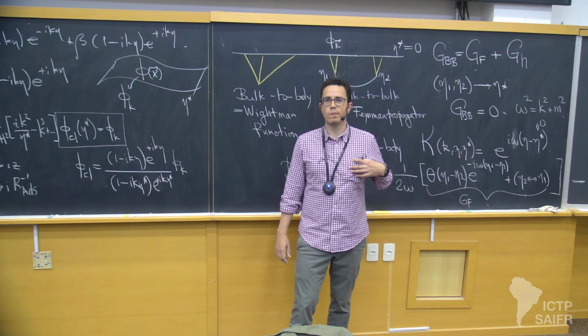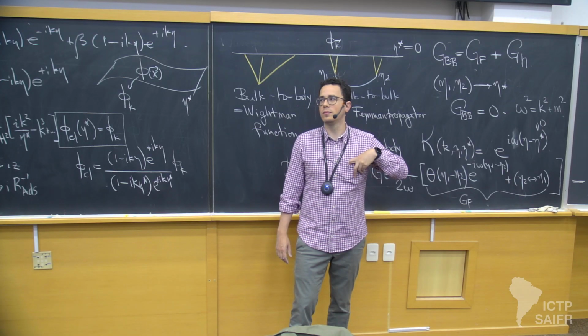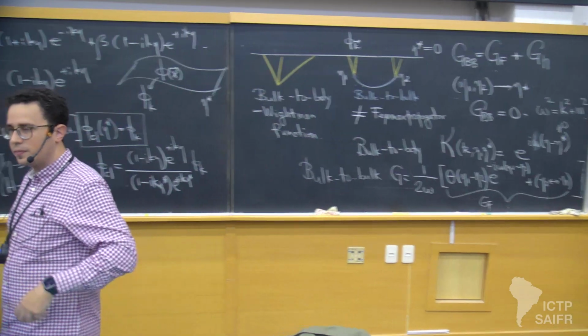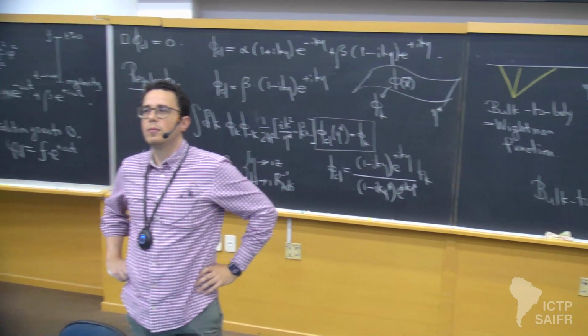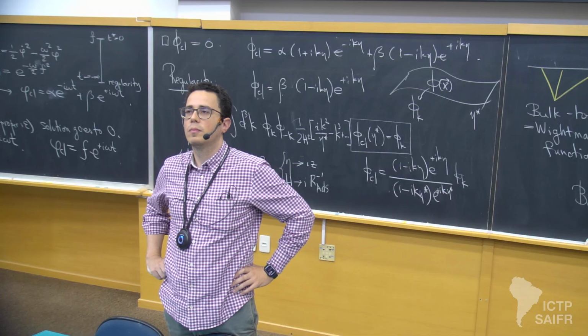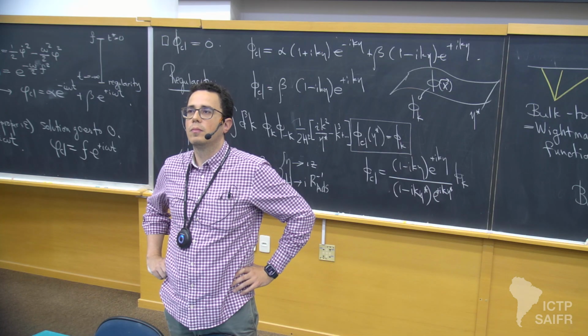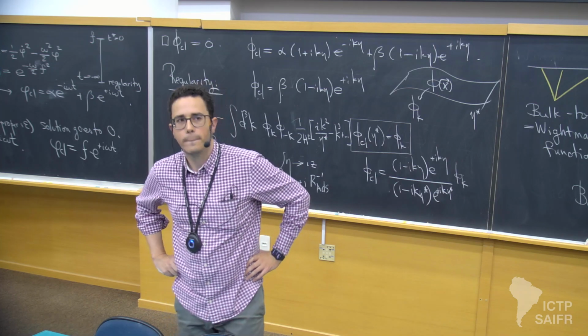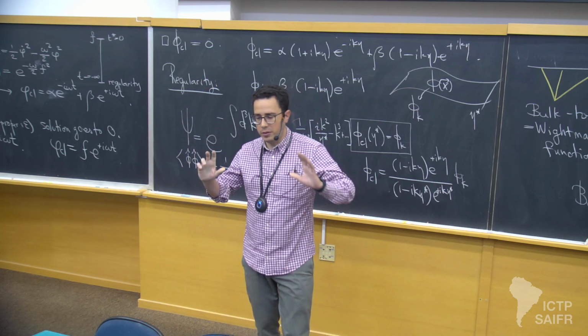Someone else? Maxi. Never fail. Thank you, Maxi. Can you remark on the different questions that we answer from the two formalisms? So in-in is really about the physical observer.